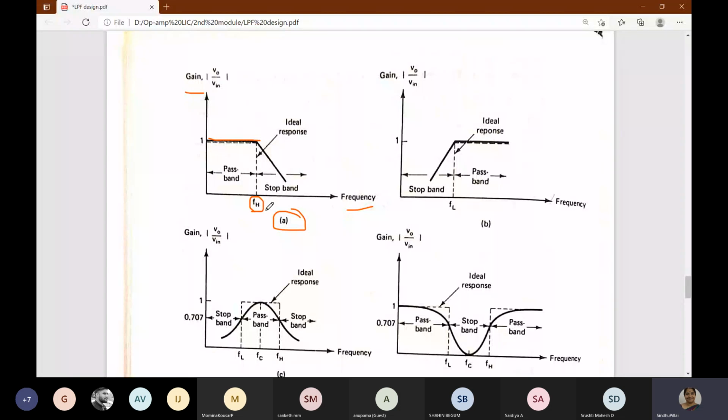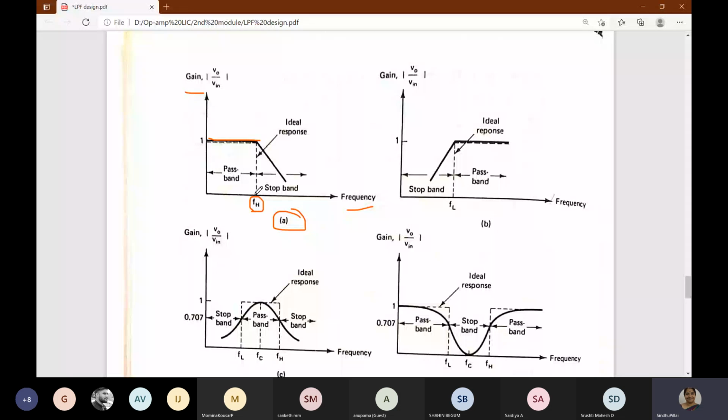After this cutoff frequency, there is one more band called the stop band. That means the gain is decreasing here. See, the gain is decreasing. The solid black line which they have shown here, the gain is decreasing after FH frequency. When F is greater than FH, we get a stop band. When F is less than FH, there is a pass band.